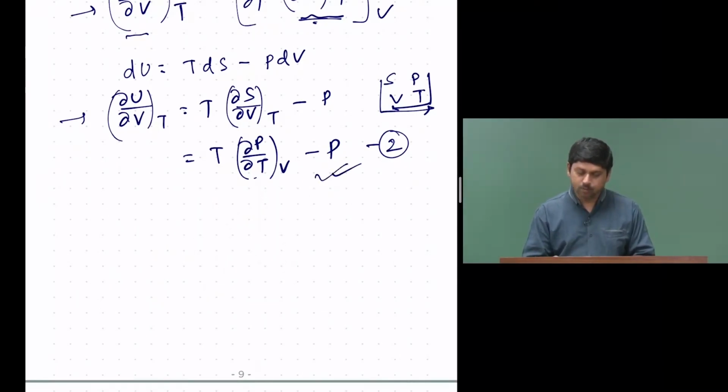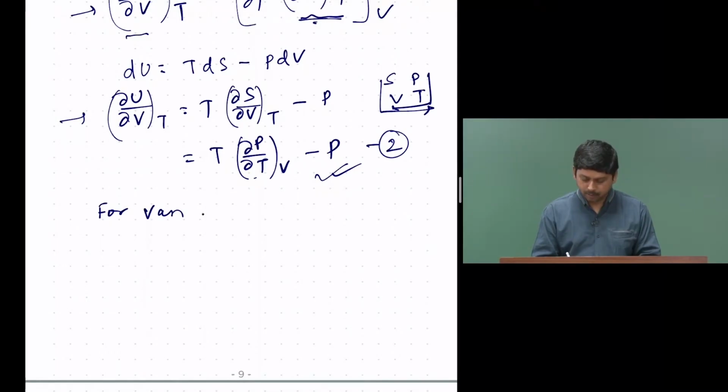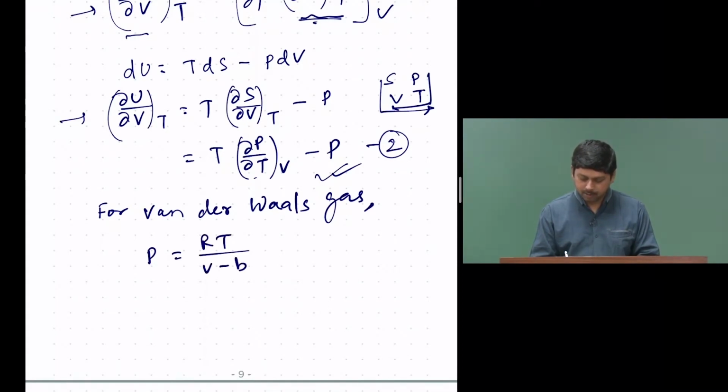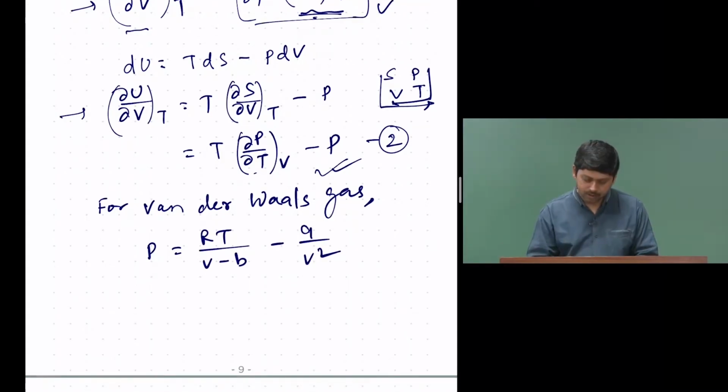We can calculate what this quantity is for a van der Waals gas. For a van der Waals gas, we know that P equals RT by V minus B, minus A by V square. We discussed that, and we will just continue.